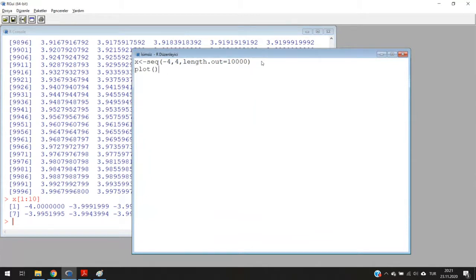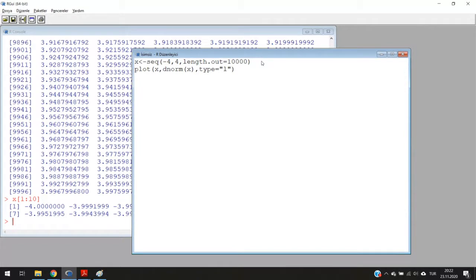Now, in this plot diagram, I will write x versus the probability density function of the normal random variable at values x with standard parameter setting. Even if I do not write anything, it will be assumed as standard parameter setting, and the plotted points will be connected with a line.